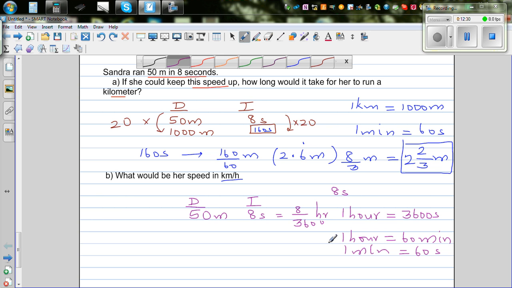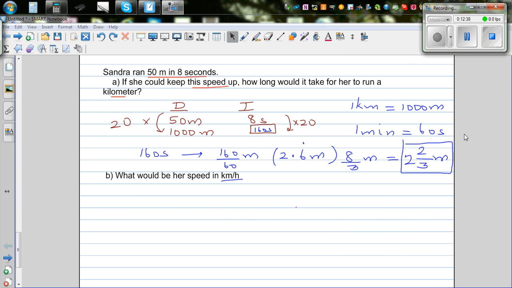You want to express that in kilometers per hour. I got a bit confused when I was trying to explain this. Sorry for the interruption. So now the next question is, what would be her speed in kilometers per hour?